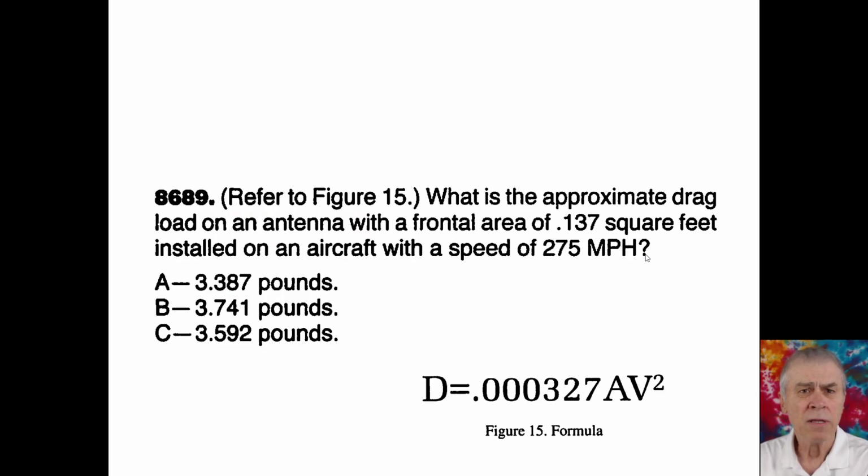Figure 15. There are two problems that go on figure 15. What's the approximate drag load on an antenna with the frontal area installed on an aircraft with a speed of? They're not even changing the problem around. So we start with our velocity, 275 squared, or times itself. We're up to a figure around 75,000. Multiply it by the area, 0.137.